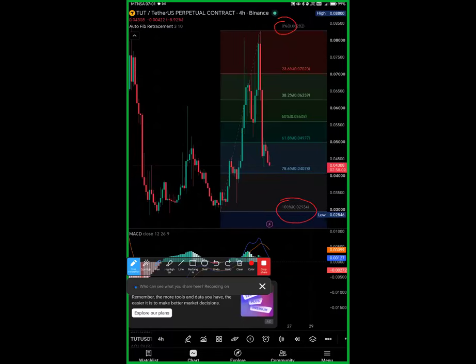I think when we start handling indicators, one of the indicators we will look at is the autofib retracement. Okay, so we are going to understand how we interpret this indicator using the values or probably the percentages, right? So you can see that the 0 is up, the 100 is down.